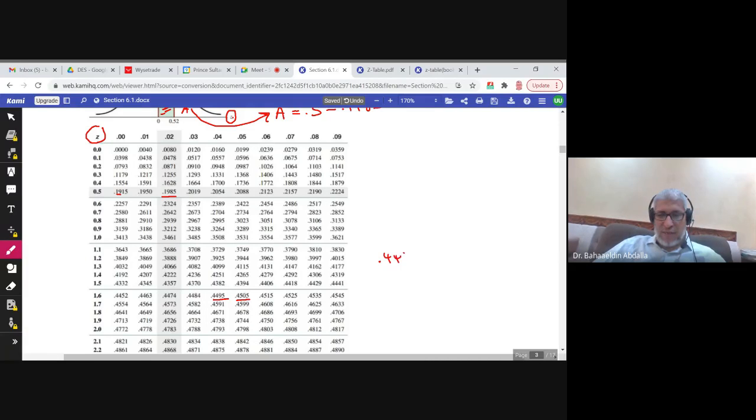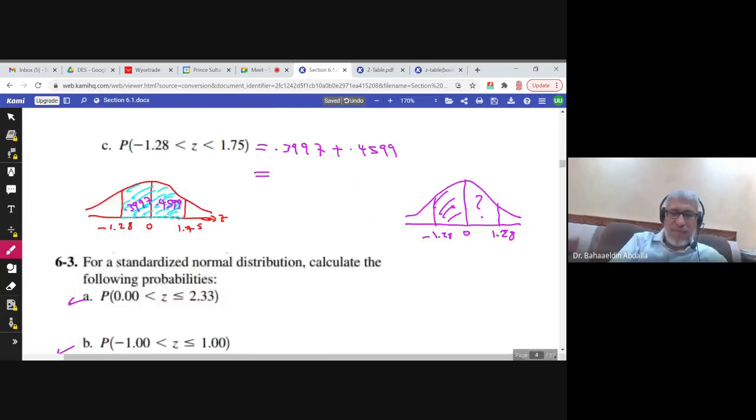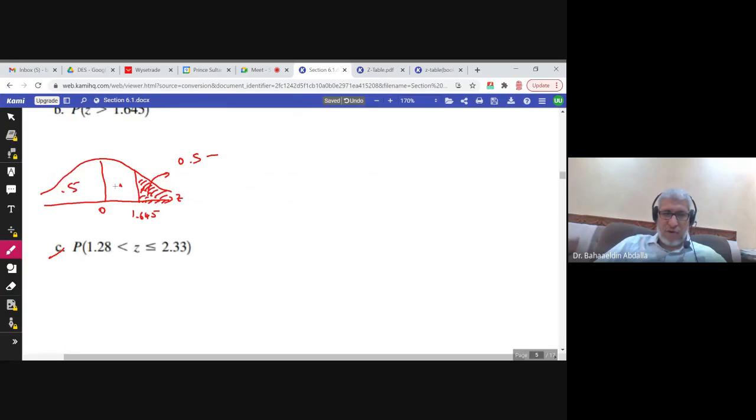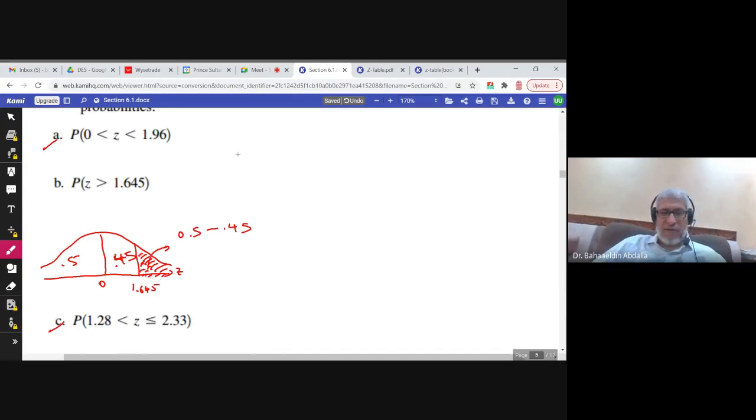You add the two numbers, and then you divide by 2 to find their average. The average would be 0.45. So this area is in fact 0.45. So this area would be 0.5 minus 0.45, and that would be the answer.